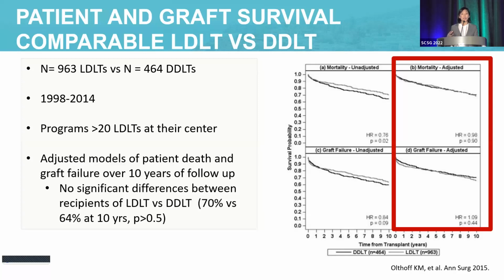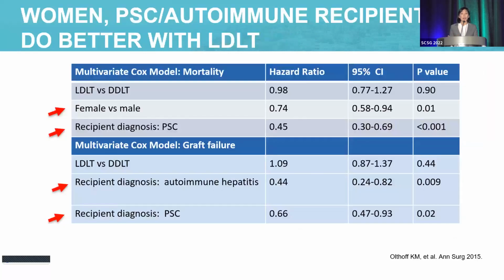When adjusting for MELD, age, etiology of liver disease, et cetera, they had comparable mortality and graft failure in the LDLT group compared to the DDLT group.